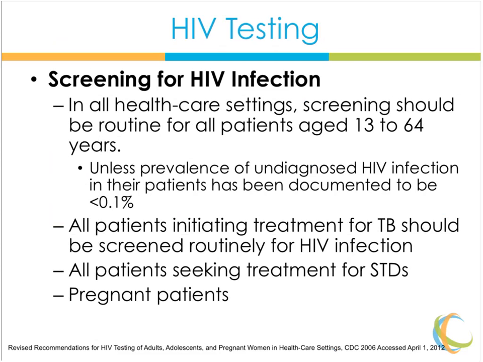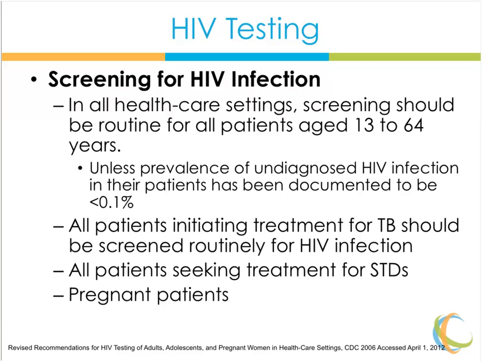Let's start by talking a little bit about screening for HIV infection. In all healthcare settings, screening should be routine for all patients aged 13 to 64 years. And of course, this is from the Centers for Disease Control, the revised recommendation for HIV testing of adults, adolescents, and pregnant women in the healthcare setting.